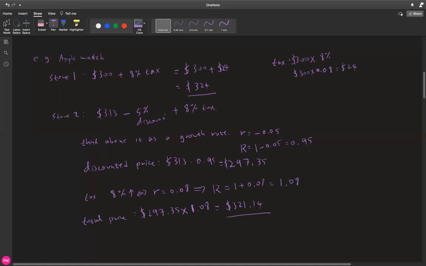But in real life situations, these numbers may not be as clear or as apparent to you as in this problem. A lot of the times people will fall into that little error and think that they'll get better pricing in store one. But in reality, store two, even though it's only a little less than $3 discount compared to store one, it is still $3 that you're not paying. So make sure that you know how to do all these. This is very useful when it comes to real life.